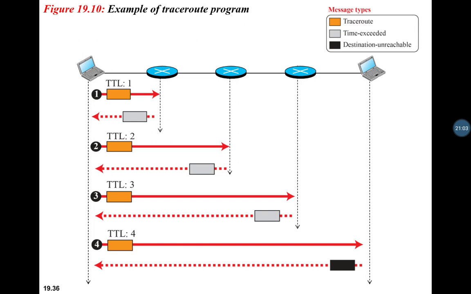The message is discarded at the first router and the time exceeded error message will be sent, from which the trace route program can find the IP address of the first router. Because the TTL value is equal to 1, when it is received by the first router, it gets decremented. As I have told you, the time to live value will tell how many routers or how many hops that packet has to travel.